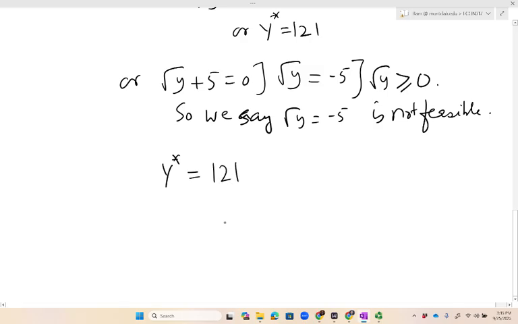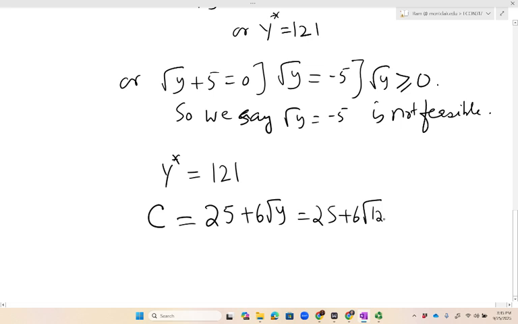I can also find out now what is the household consumption. Household consumption is given to be 25 plus 6 square root of y, 25 plus 6 square root of 121, which gives me 25 plus 6 times 11, that is 25 plus 66, which gives me 91.